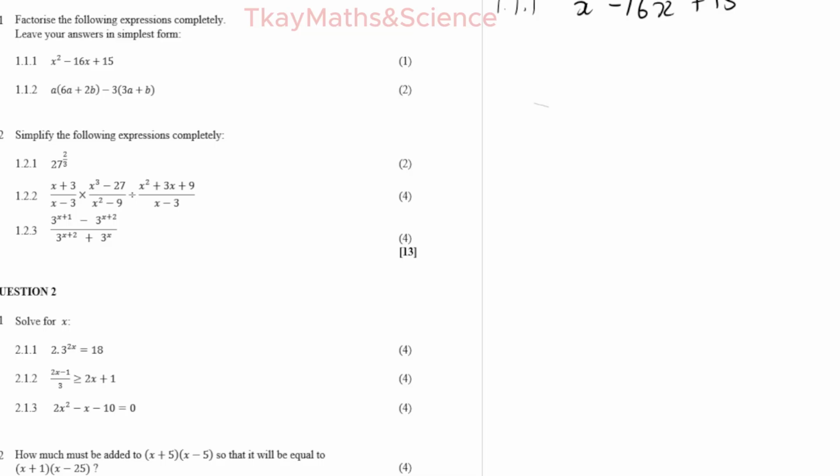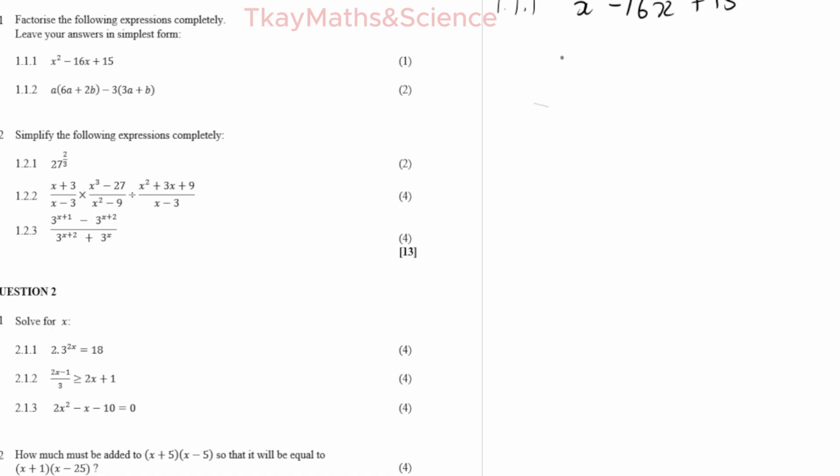All right, so that is our question. So first there's a 1 here, so it's 1 times 15. So we look for numbers that we can multiply and get 15, but if you add them we get a sum of minus 16.